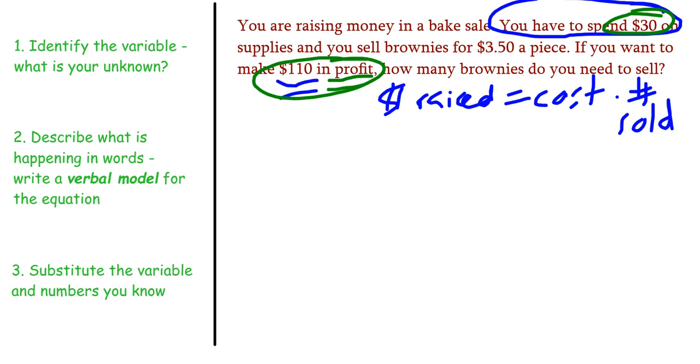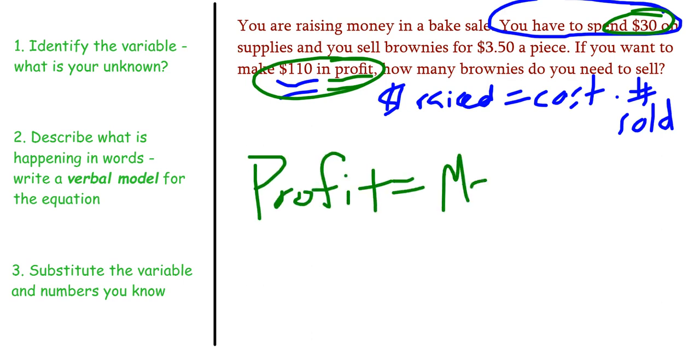If you've heard the word profit before, the basic role of profit is that profit is the money that you have made in excess of what you spent. So if you make a certain amount of money and then you spend a certain amount of money in that process, however much you make beyond what you've spent, that is your profit. So the big scenario we're looking at here is profit is equal to the money made minus the money spent.